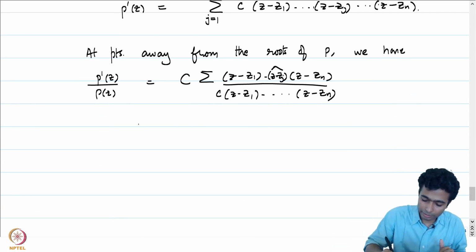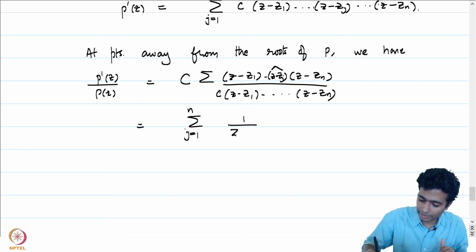And this is nothing but the summation, j equal to 1 to n, of 1 by (z - zj).